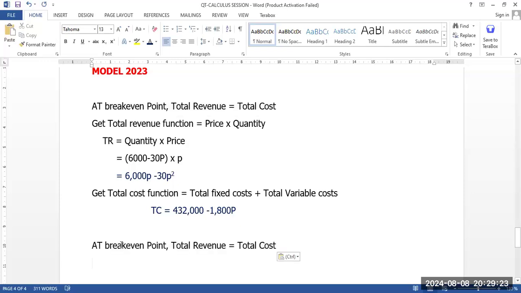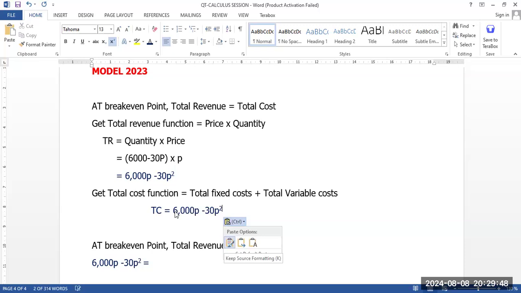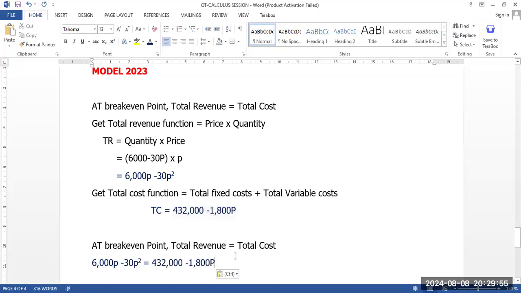We equate this function to this function. So what do we get?